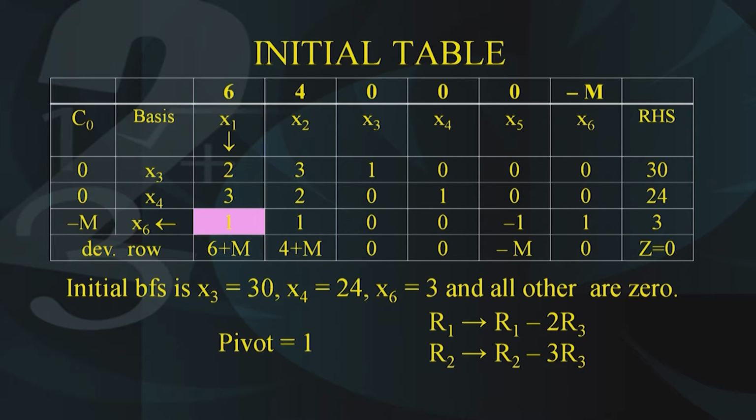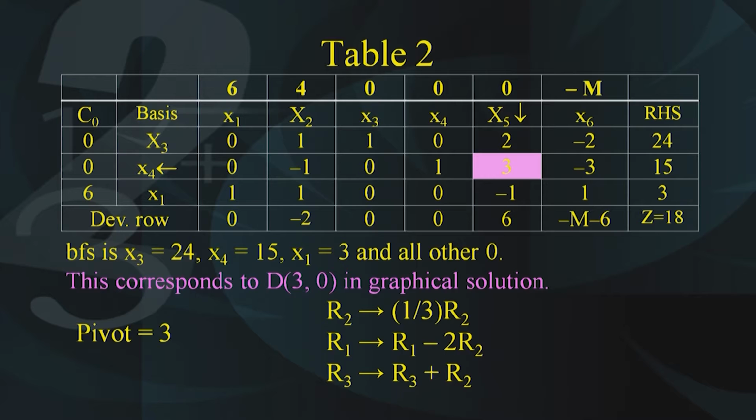And what happens when we apply these elementary row operations? Yes, there you see this column has become 0, 0 and 1. Similarly, of course, the other entries in these rows and columns will also change according to the elementary row operations that we have applied.